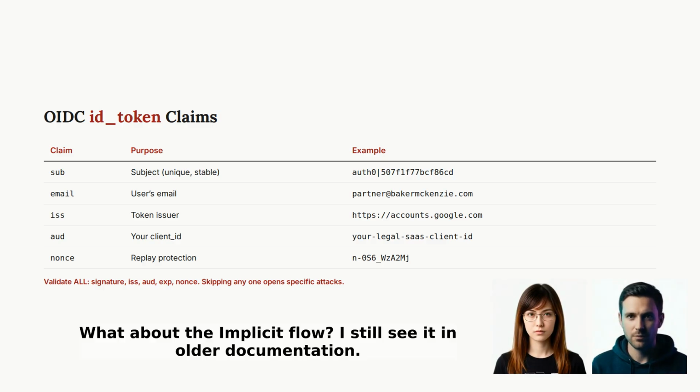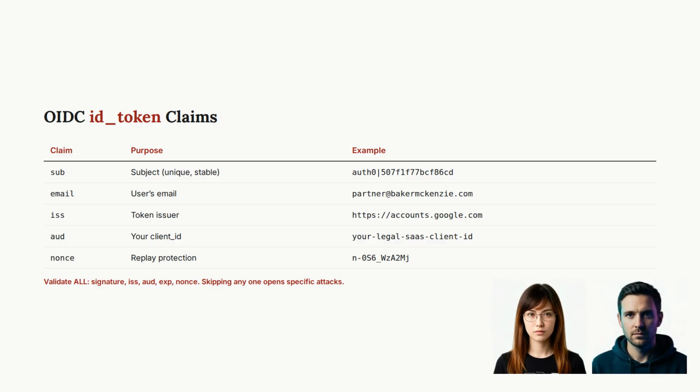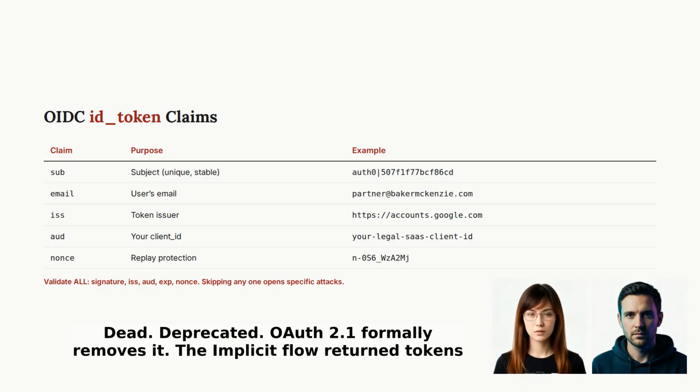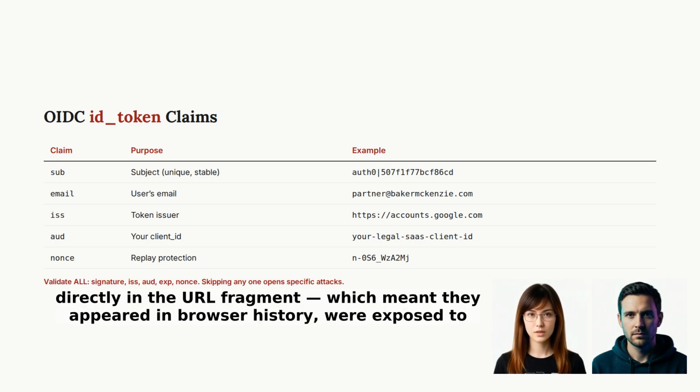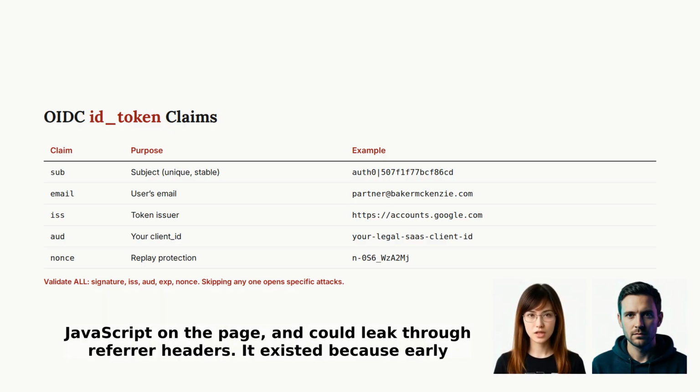What about the implicit flow? I still see it in older documentation. OAuth 2.1 formally removes it. The implicit flow returned tokens directly in the URL fragment, which meant they appeared in browser history, were exposed to JavaScript on the page, and could leak through referer headers.